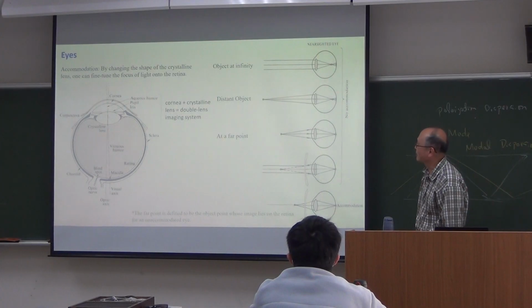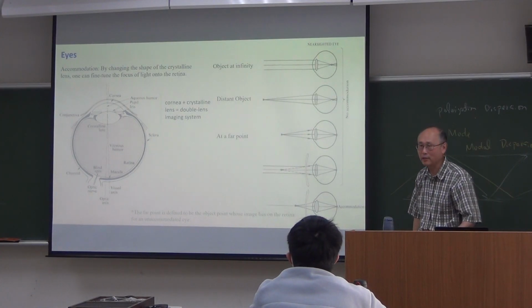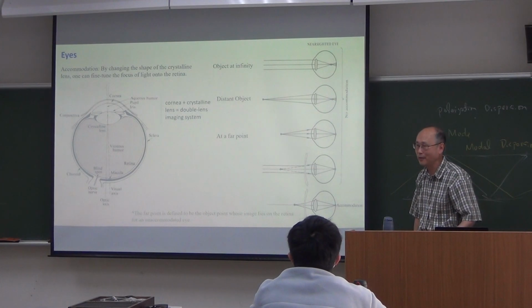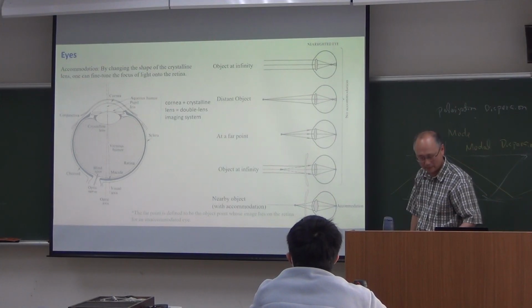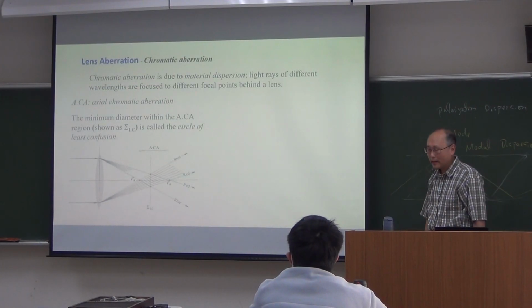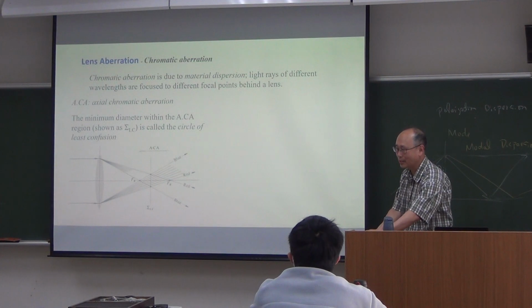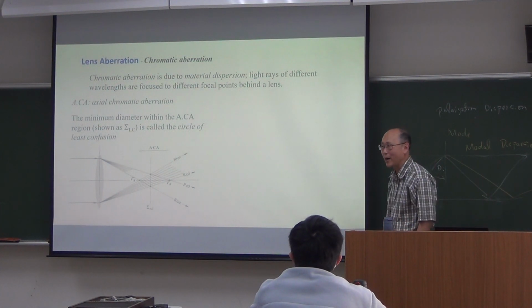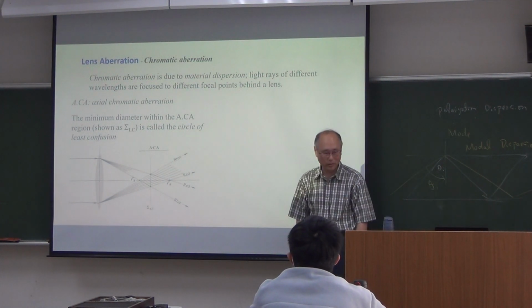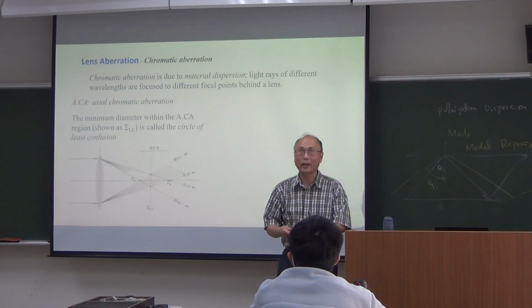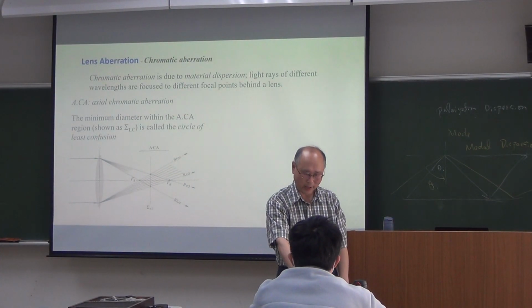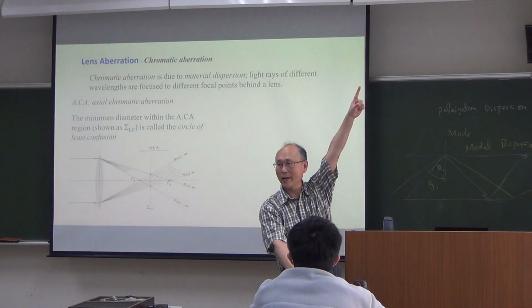Okay, so this is another thing relevant to your life. All right, aberration. The good thing is that today you saw aberration in your eyes. When you use a lens to do imaging like this, you see a distorted image of this light.